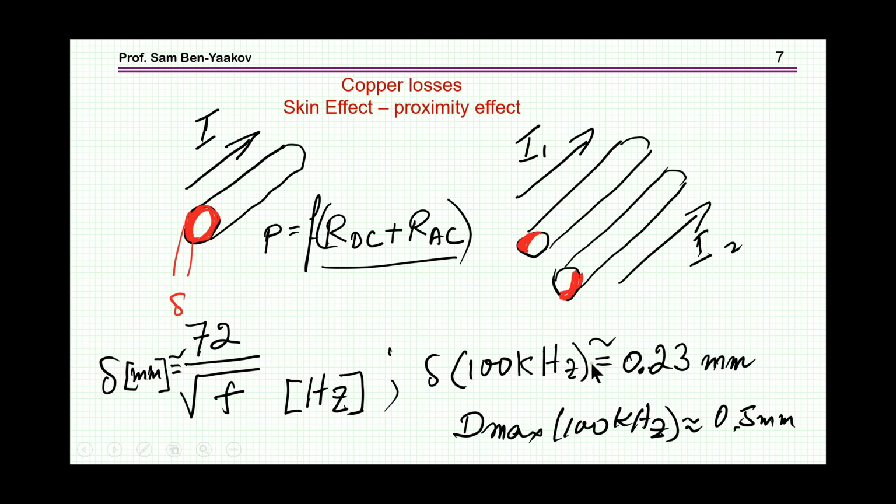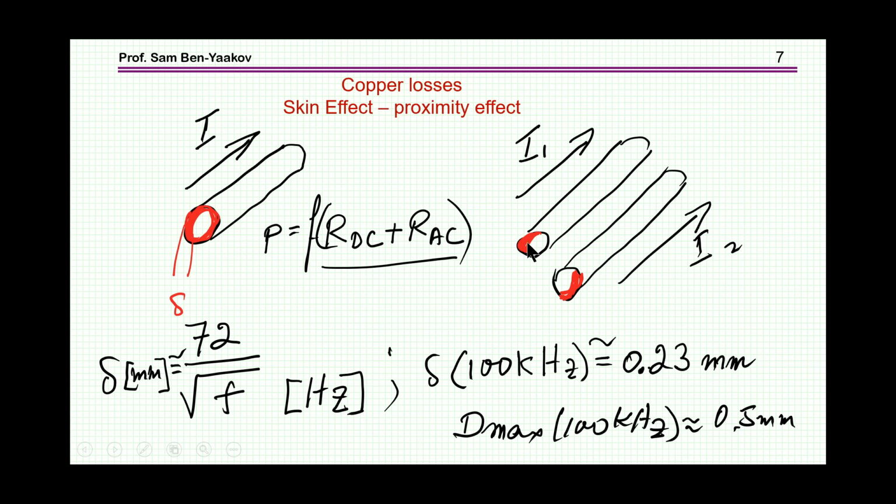Actually, you like to have it smaller than that, because otherwise you're going to have the problem of larger AC resistance. That is, the resistance for the high frequency will be higher.